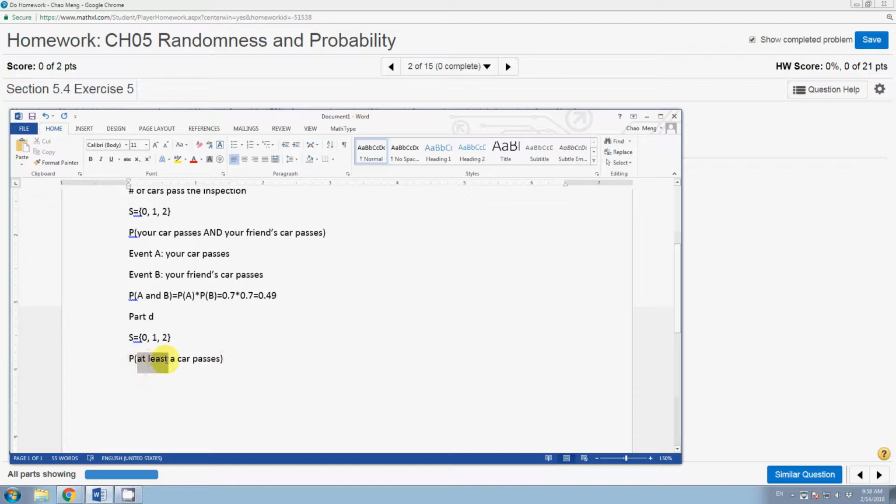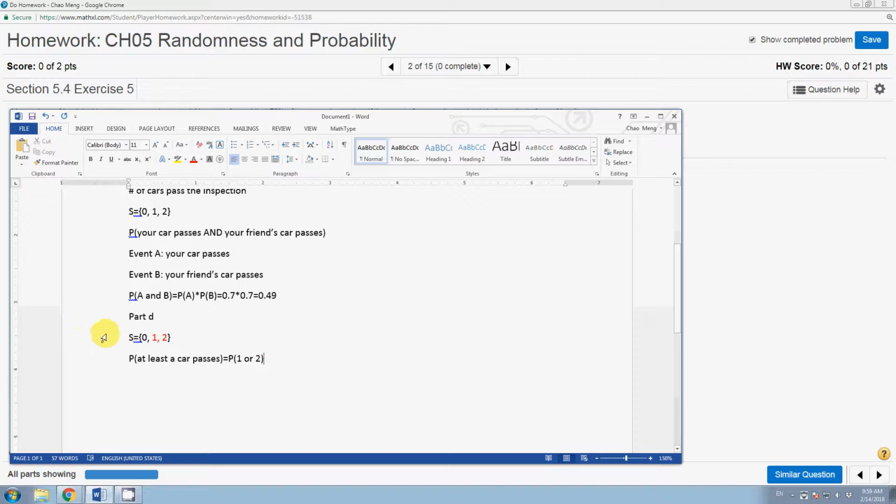So if this event happens, at least one car passes, that means it could be one car or both cars. So we need to calculate the probability that one car passes or two cars pass.